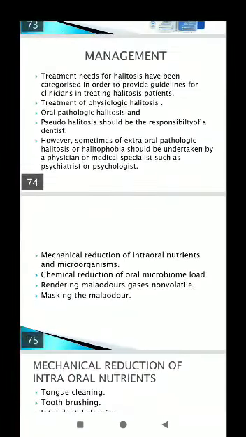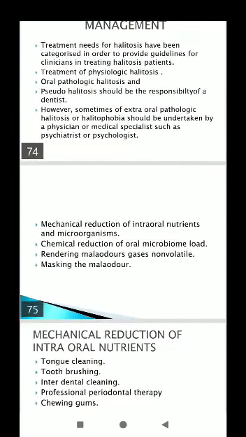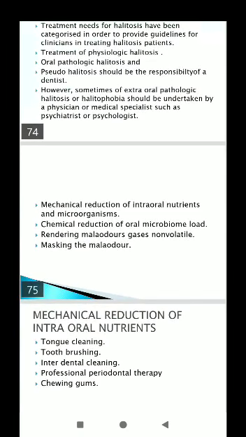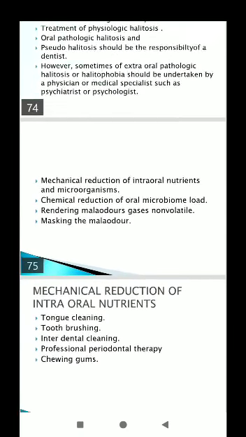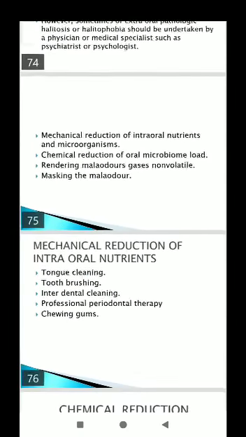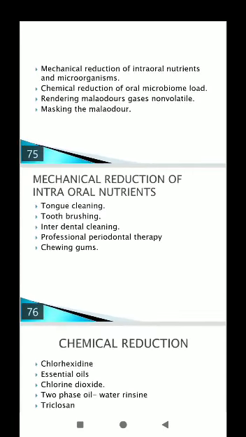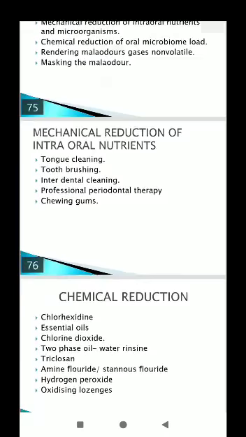Mechanical reduction of intraoral nutrients and microorganisms, chemical reduction of oral microbiome load, rendering the malodor gases non-volatile, masking the malodor. So mechanical reductions can be tongue cleaning, toothbrushing, interdental cleaning, professional periodontal therapy and chewing gums.